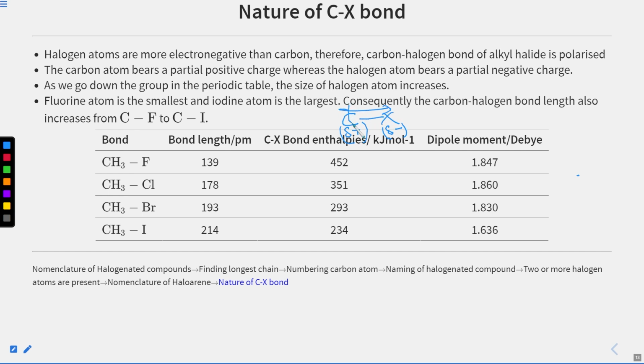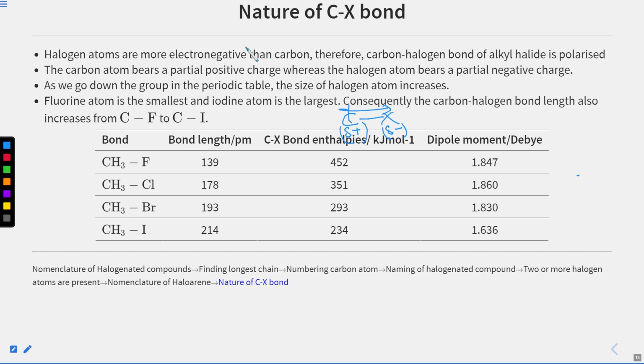The dipole direction will be positive to negative for chemistry. From the physics point of view, the direction of the dipole will be opposite, so do not get confused. For chemistry we go from positive to negative, but for physics we go from negative to positive.